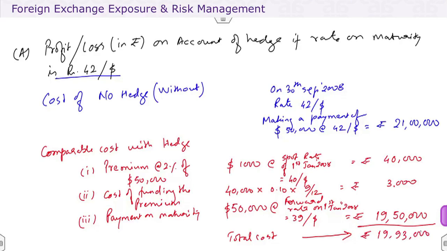Now this 19 lakh 93,000 is the cost with hedge, and if I compare this with the cost without hedge, which is 21 lakhs, you see there is a benefit. This value compared with this value, there is a profit.